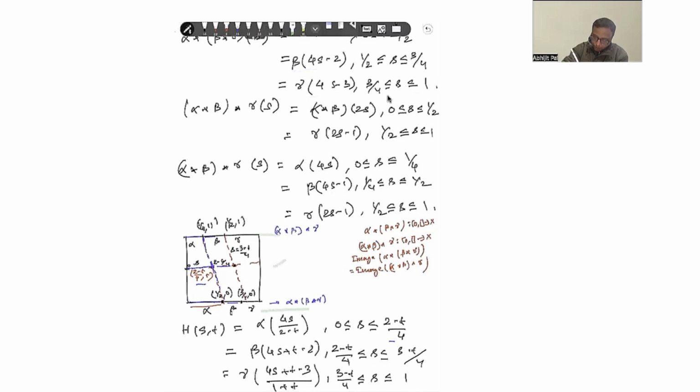And now to get the homotopy, you join this half comma 0 point to the 1 by 4 comma 1 point by a straight line, and also join this 3 by 4 comma 0 point to this half comma 1 point by again a straight line.